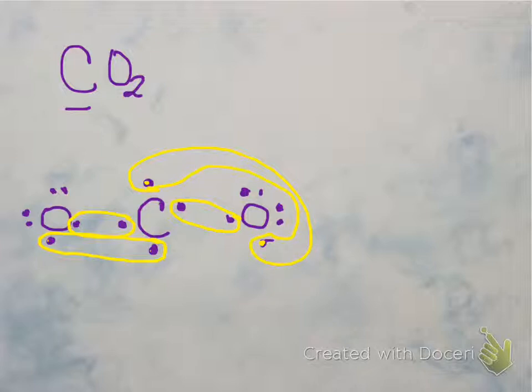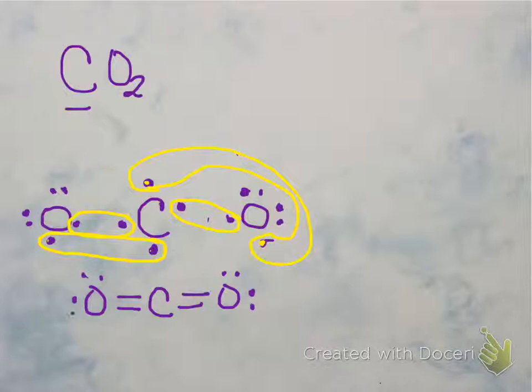Let's neaten this up and make a nice neat picture of what carbon dioxide would look like. Everywhere we've got a loop is a bond, so I have 2 bonds to this oxygen and 2 bonds to this oxygen. Don't forget, those lone pairs of electrons still need to go on each atom. This is what my molecule is going to look like.